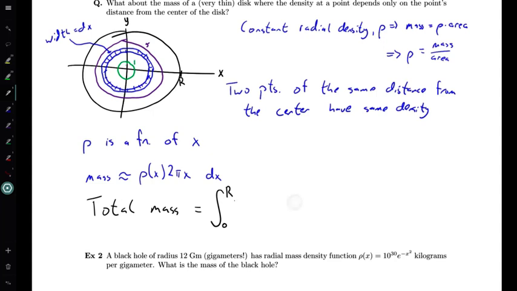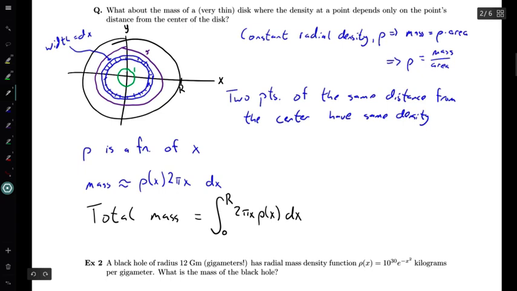And so what that looks like is 2 pi x times rho of x dx. So given this rho of x function, which gives you the radial mass density, meaning that the density is constant on any circle centered at the origin, then we can integrate rho of x times 2 pi x, and we can get the total mass of the object itself.